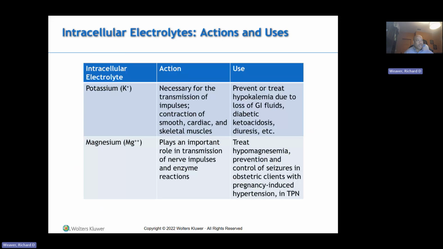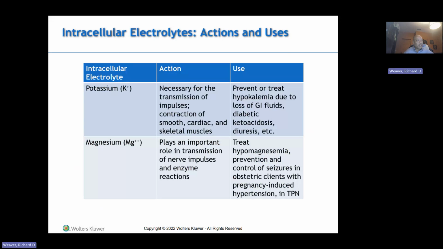Then they develop hypokalemia, and so we need to replace that. Also diuresis, when we give a patient a diuretic, especially a loop diuretic, such as furosemide, or you guys also know it as Lasix, we lose potassium or electrolytes as well. Even magnesium, calcium, we lose electrolytes.